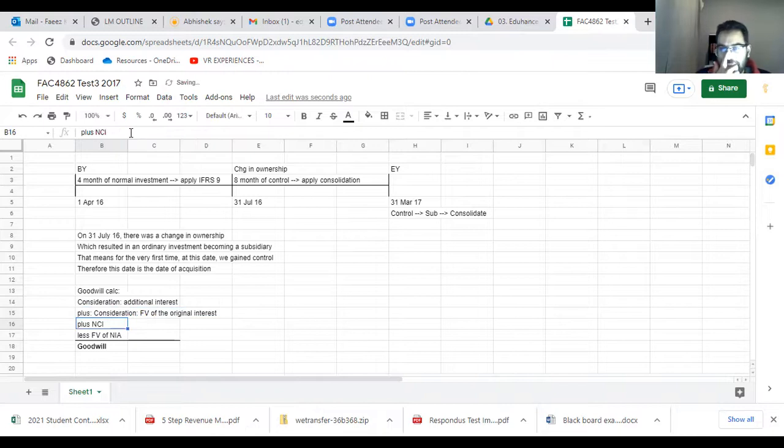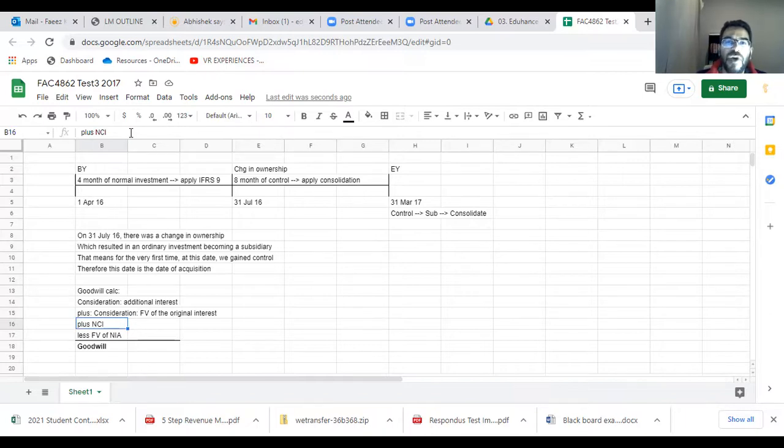So remember, I said that the accounting standard says that when there's a change in ownership that results in the change of the nature of the investment.